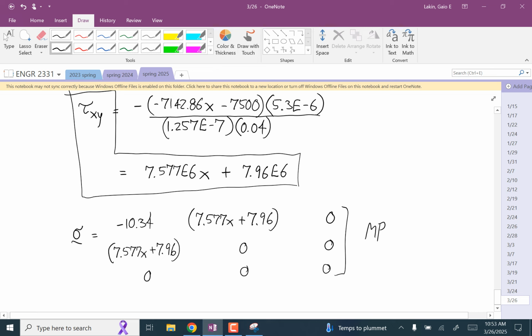And this is in megapascals. And that's the first cut, and you have to do the same thing on the other half. And you can see from this that on this cut, that shear force is going to get bigger as you get closer to the boundary, like as the X gets bigger. So you could plug in 0.7 and see the biggest value that you'd get on this first cut. Okay, any questions? All right, that's all.